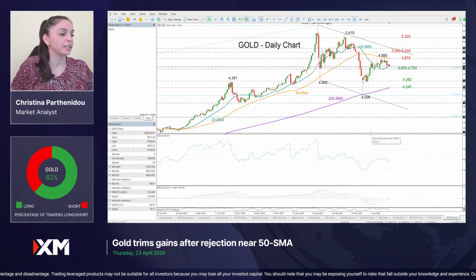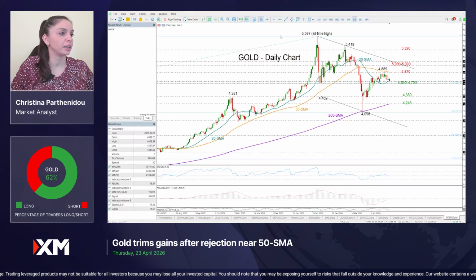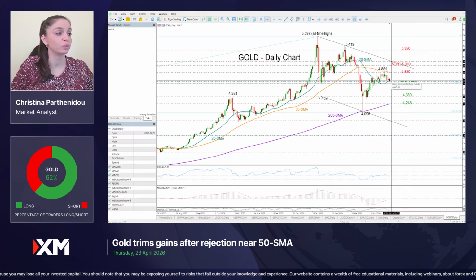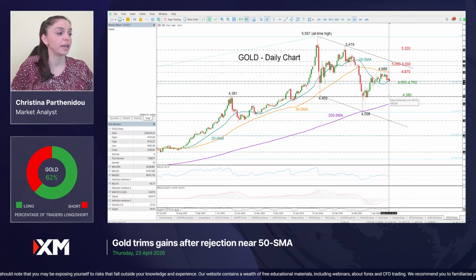So the technical picture is not encouraging, and what we are waiting for now is whether the 4,650 and 4,700 territory gives way in order for sellers to reach the 4,380 zone taken from March. That was a key pivotal point back at the end of March.